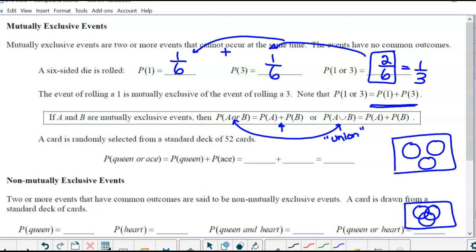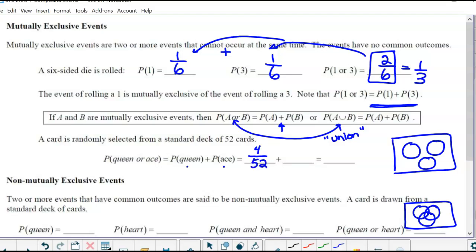Okay? Another one. A card is randomly selected from a standard deck of 52 cards. What's the probability of drawing a queen or an ace? Well, you can never have a queen that's an ace. So these are mutually exclusive events, so you're going to add those probabilities together. In a deck, how many queens? There's 4 out of 52.